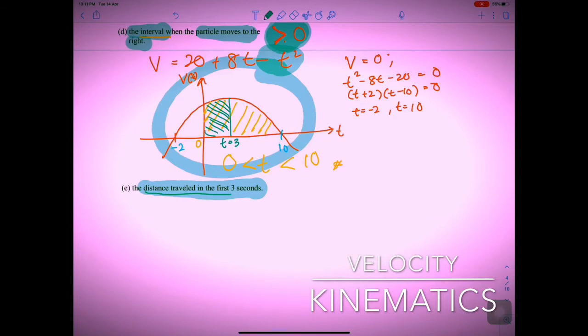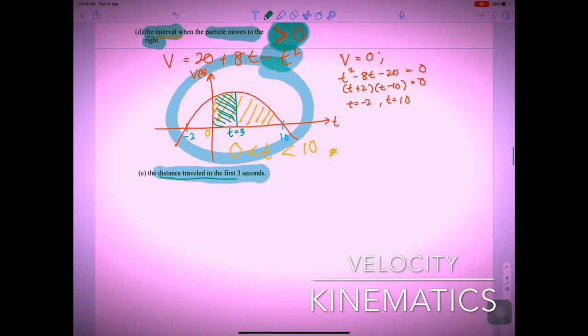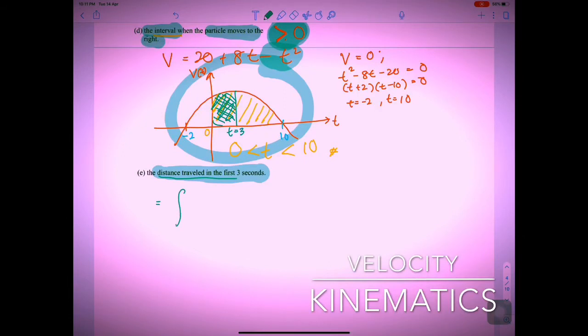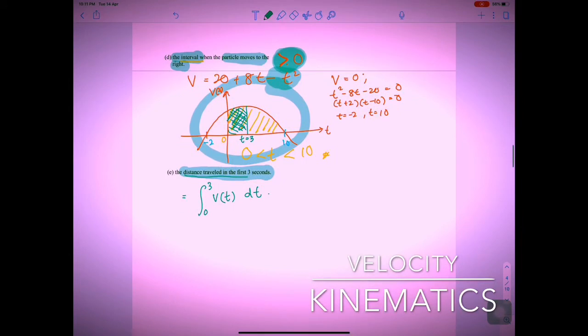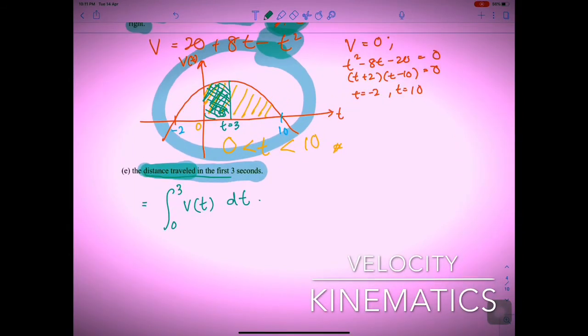How do we find the area of the shaded region? We have to integrate for the first 3 seconds, from 0 to 3, of v(t) with respect to t. This is how you find the distance travelled in the first 3 seconds, which is the area under the graph that I have shaded.